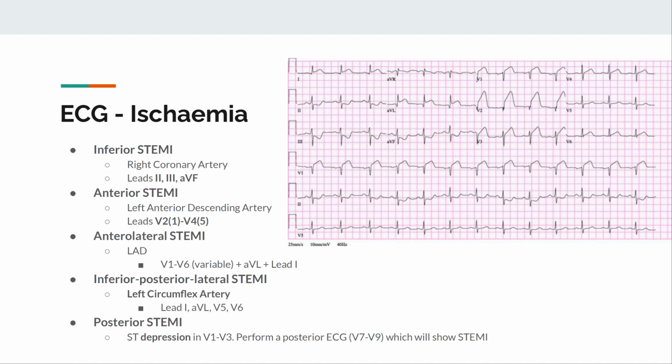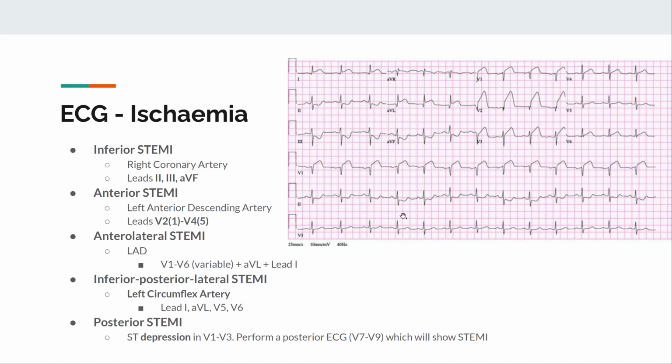There's lead 1, because 2 and 3 were taken. There's AVL, because AVF was taken and AVR is not relevant. And then we have the leads that are on the left side of the chest, V5 and V6. As long as you can at least remember 2, 3, AVF, you can guess what the other ones are if it's a STEMI in different leads.